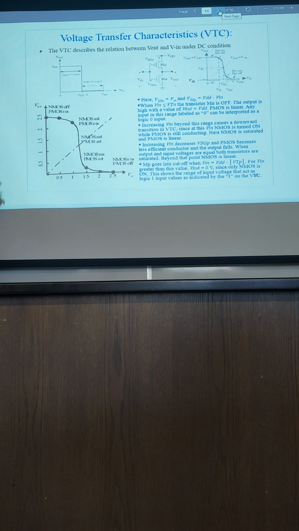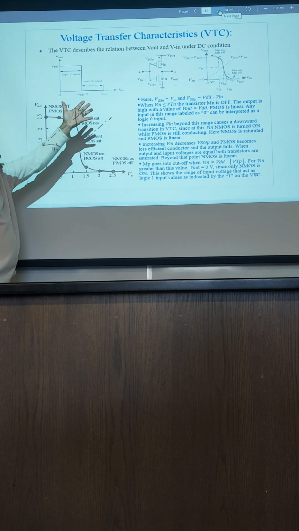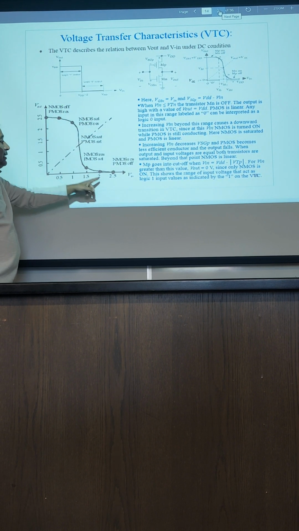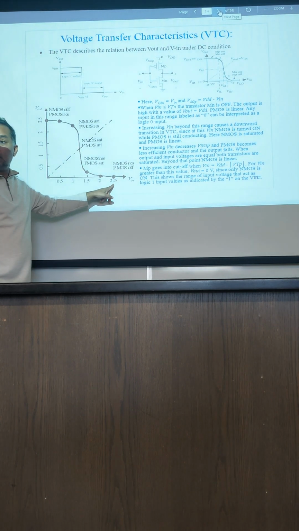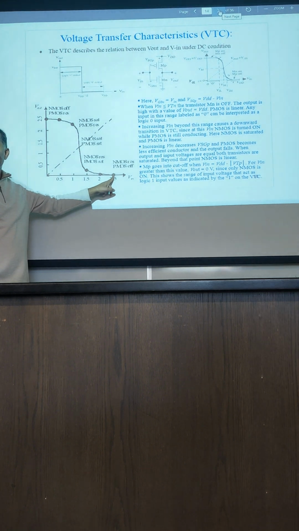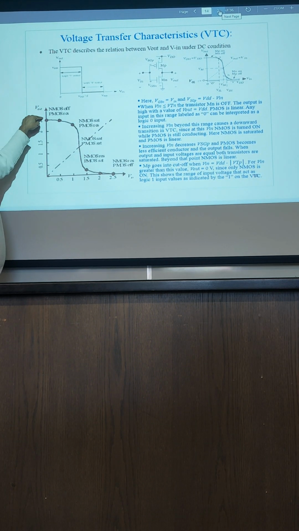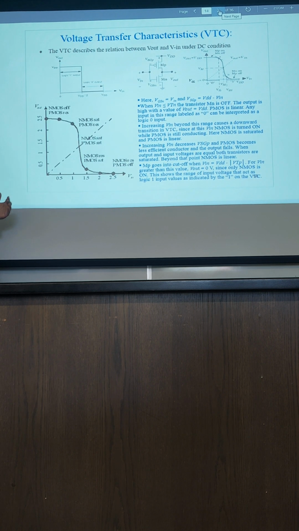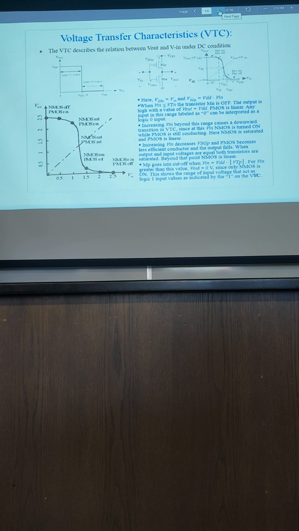So now, let's say we are talking about a particular CMOS inverter that is operating with a 2.5 volt supply. Your input can go from 0 to a maximum of 2.5. Your output can also go from 0 to a maximum of 2.5. Let's say it has a threshold voltage of 0.5 volt.